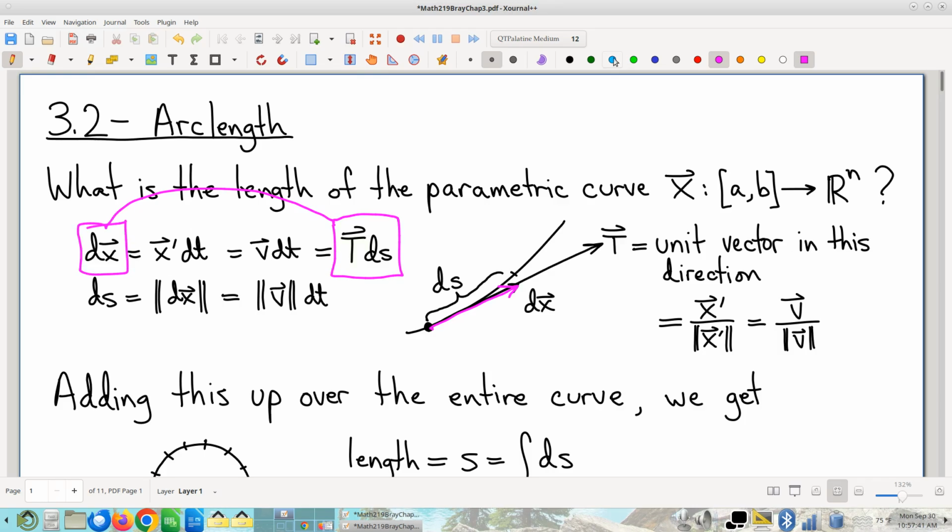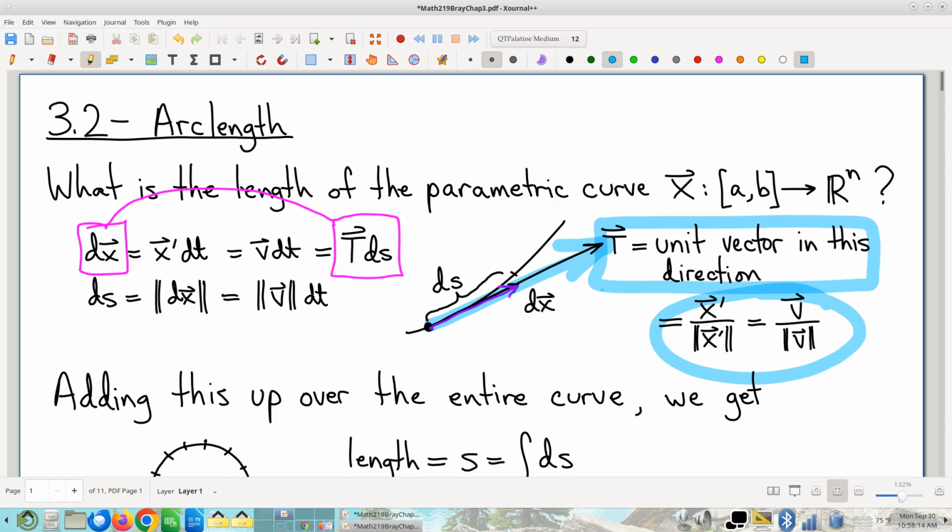T, that vector there, is the unit vector that points in the direction of the velocity. It's not the same as the velocity. Velocity has a magnitude that encodes the speed. T is just the unit vector. It's my attempt to have a vector to describe only the direction, and only the direction we typically do with unit vectors. So I'm just going to take the velocity and divide by its own magnitude.